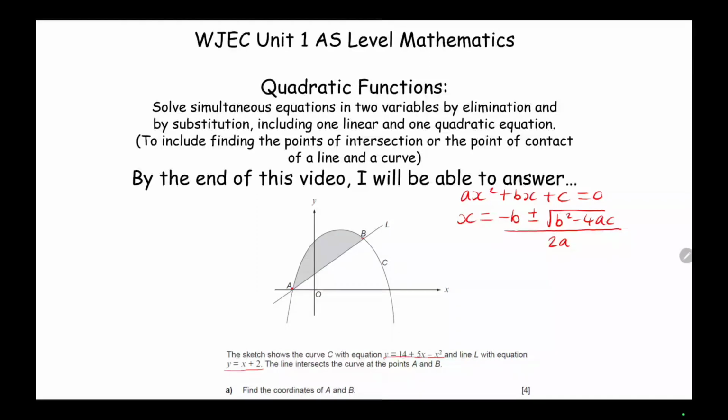We're going to be using the quadratic formula today. Sometimes you'll be able to factorize, and if you want to practice factorizing, then please look at the video on the playlist for factorizing quadratics.